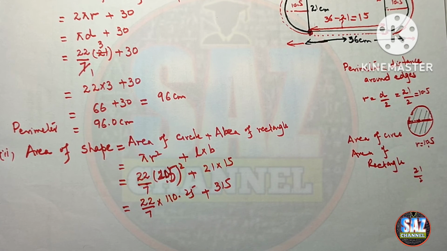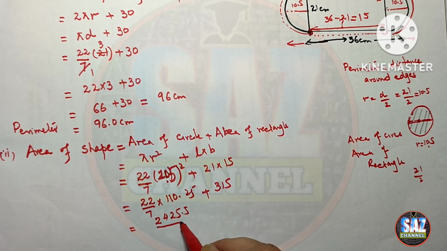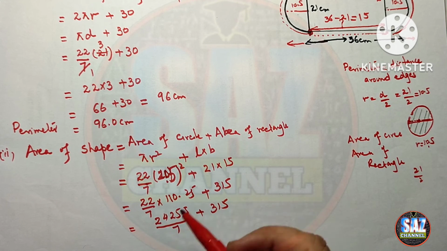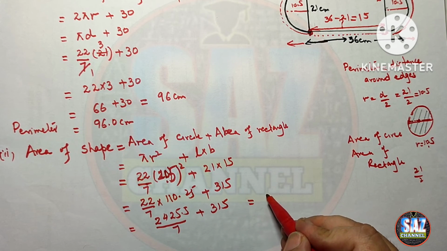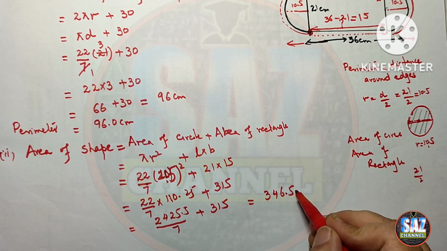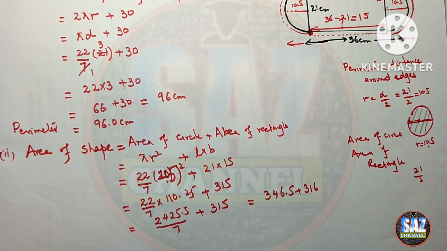22 multiplied by 110.25 gives me 2425.5 divided by 7 plus 315 divided by 7. This is giving me 346.5 plus 315.